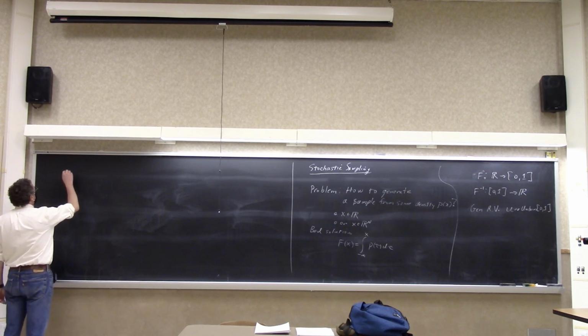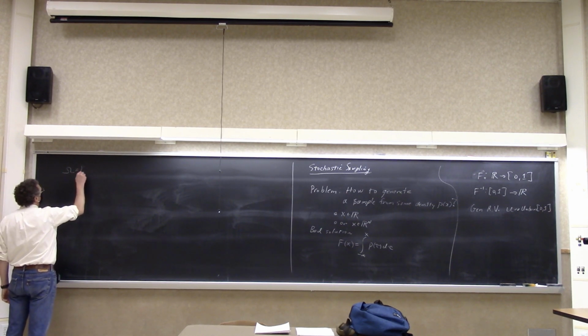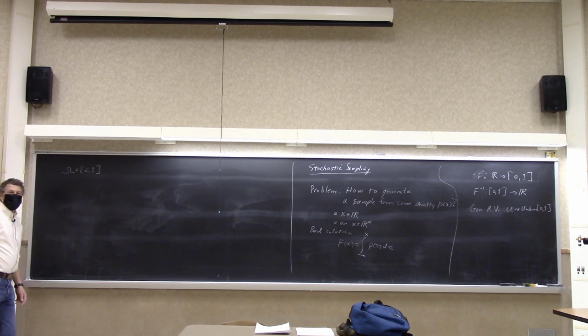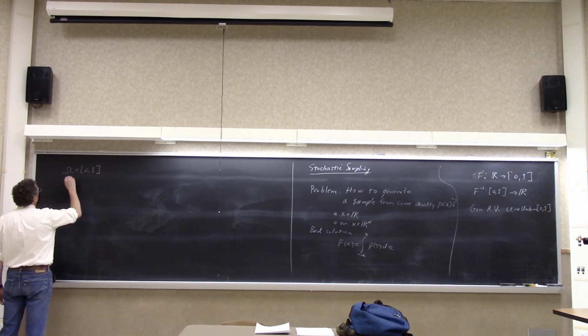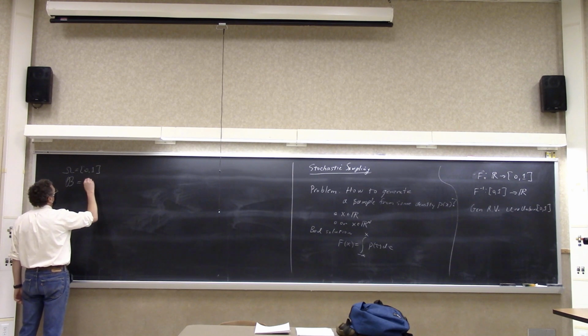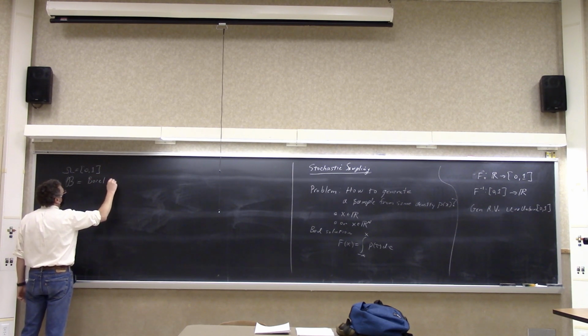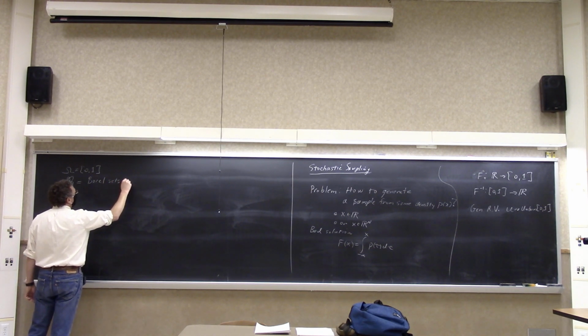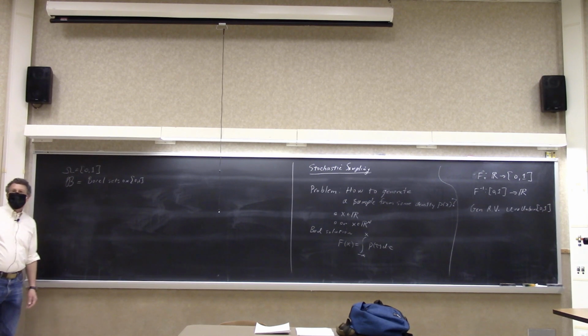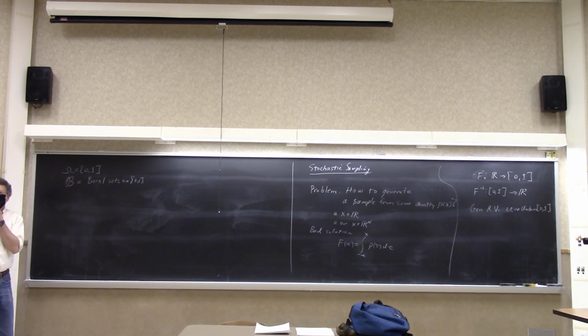I take omega to be equal to the interval 0 to 1. I take the Borel sets on 0, 1. Now I'm getting a little bit picky. Of course, I never really defined the Borel sets, but that's okay.